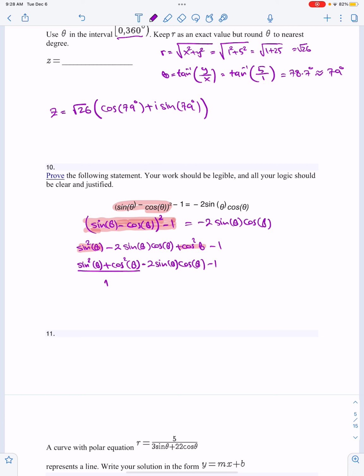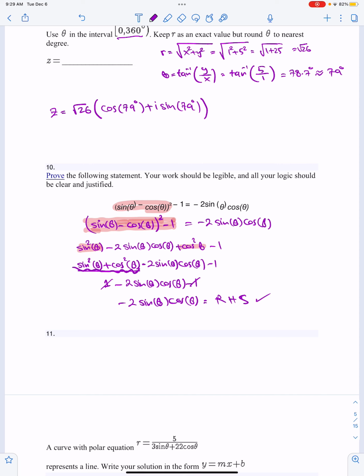This is equal to 1. So 1 minus 2 sine theta cosine theta minus 1. 1 minus 1 is equal to 0, so these will cancel, and I will end up with -2 sine theta cosine theta, which is the right-hand side. So I proved it, and it's correct.